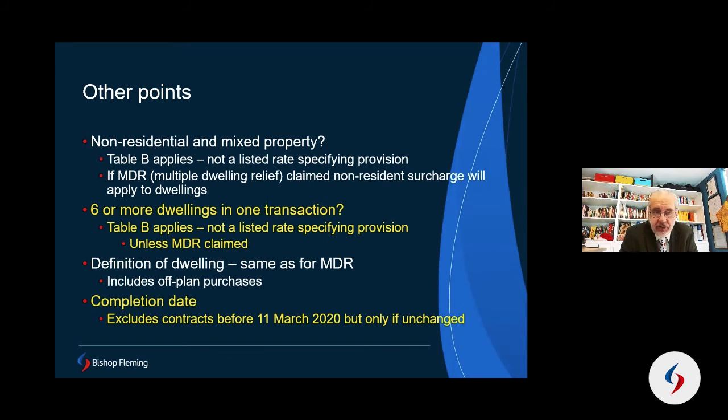If you exchange contracts before 11th of March 2020, this year, 8 months ago, but complete after the start date of the regime of 1st of April 2021, you won't be caught by the new rules, provided the contract is utterly unchanged in that period. In reality, such a long period, that's over a year of being on contract but not completed, it seems unlikely the contract will be completely unchanged in that period. But if you have that situation, the surcharge will not apply.